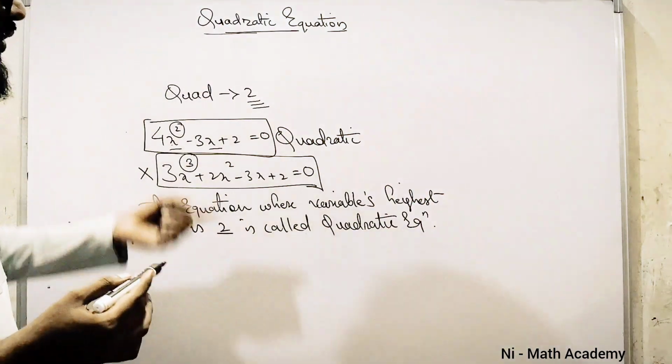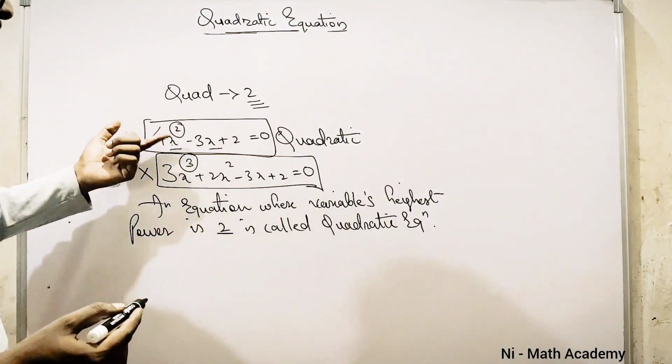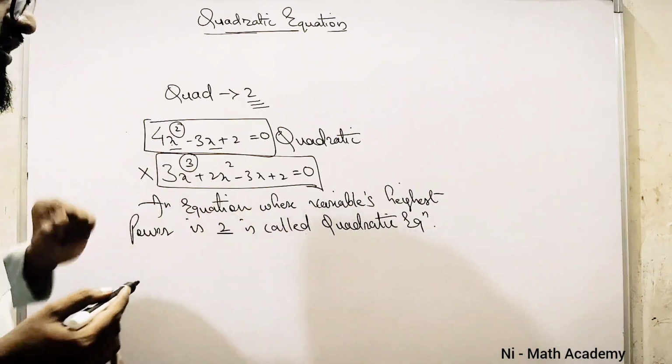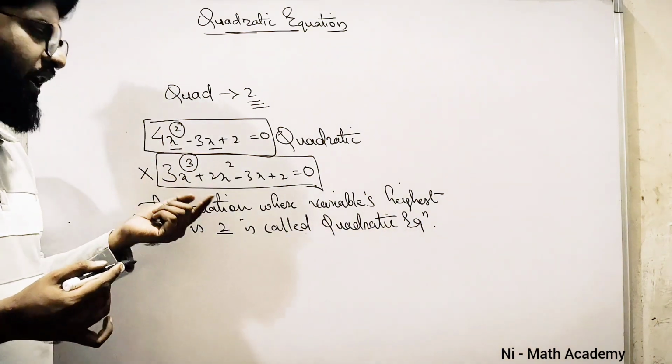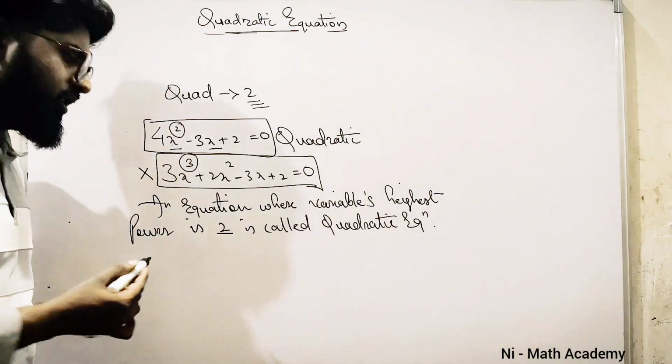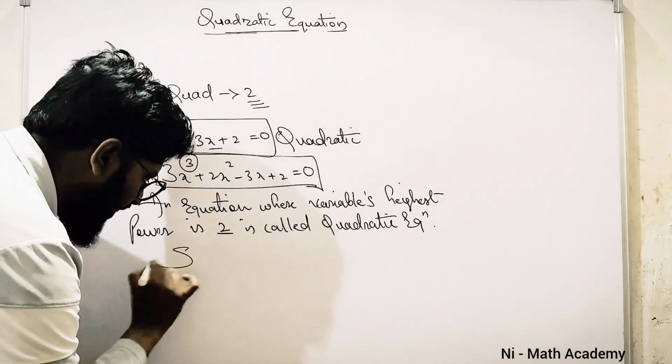Very simple it is. If you see any equation in which the variable's highest power is 2, it will be a quadratic equation, and it will be asked in MCQs mostly in your examination. So be careful about the powers of variables.